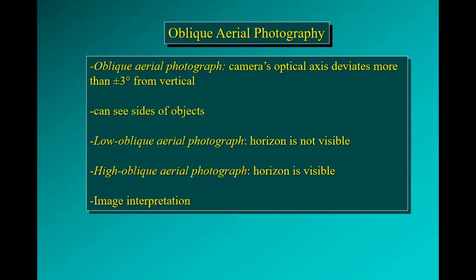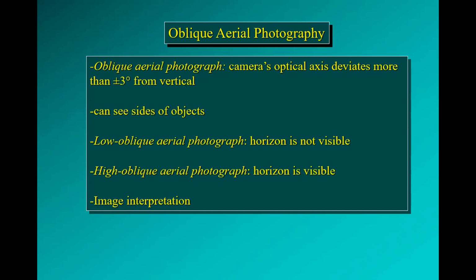However, it's often disadvantageous in that scale is not constant throughout an oblique aerial photograph, and so if we want to make metric measurements, area, distance, perimeter measurements, things of that nature, based on our aerial photography, we would usually want to utilize vertical aerial photographs to the greatest extent possible.